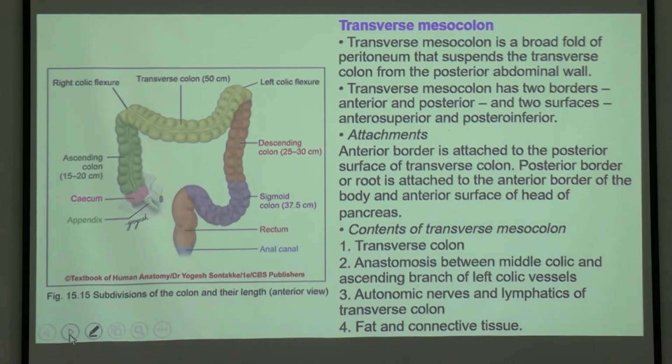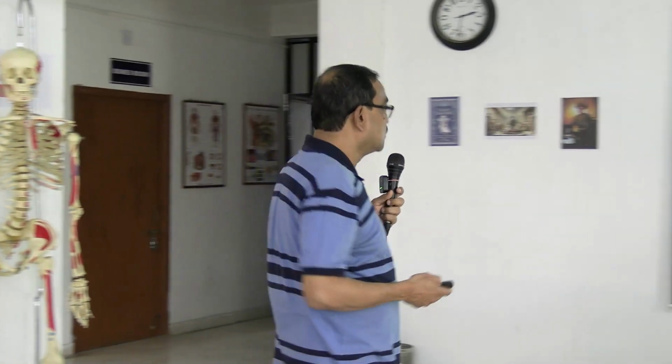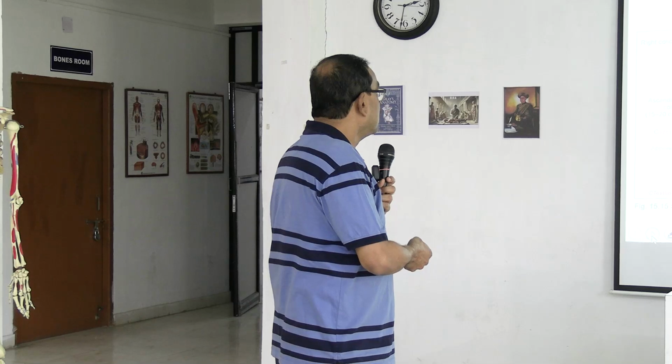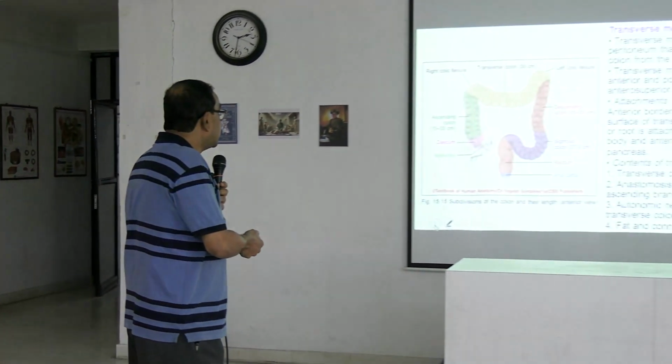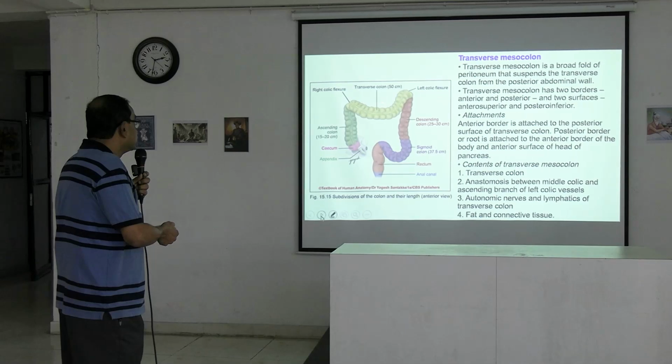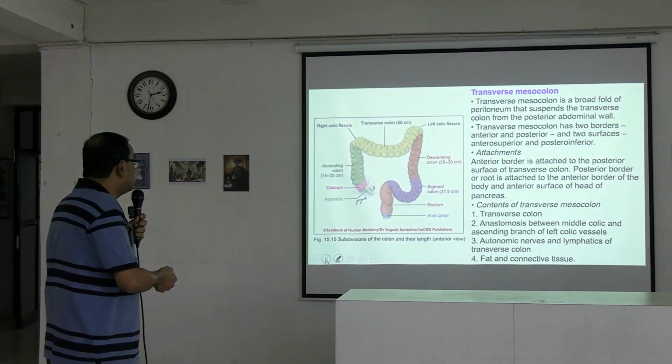Actually, there is a fold of peritoneum hanging from the stomach, which is called the greater omentum. It has 2 layers. These 2 layers fold upon themselves and ultimately cover the transverse colon, and it forms the transverse mesocolon. Okay. So within the transverse mesocolon, we know there is the middle colic artery.